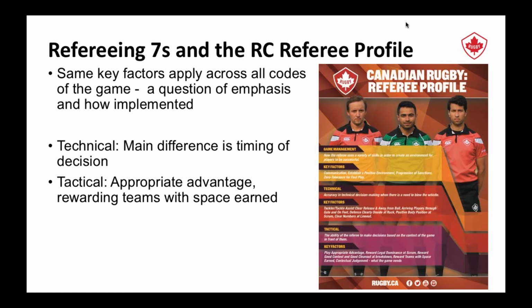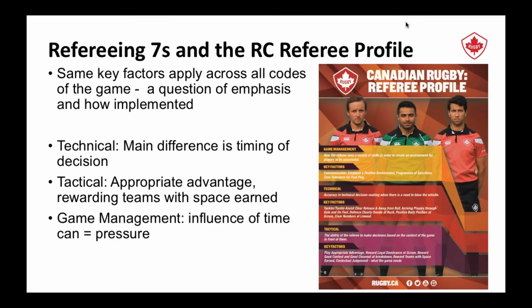From a tactical perspective, playing appropriate advantage is one of the more drastic changes in this perspective, and the other side of it is obviously wanting to reward teams with the space earned. It's a critical part of ensuring that we get good quality matches of sevens, being able to operate within respected amounts of space. So we'll take a look at what that means.